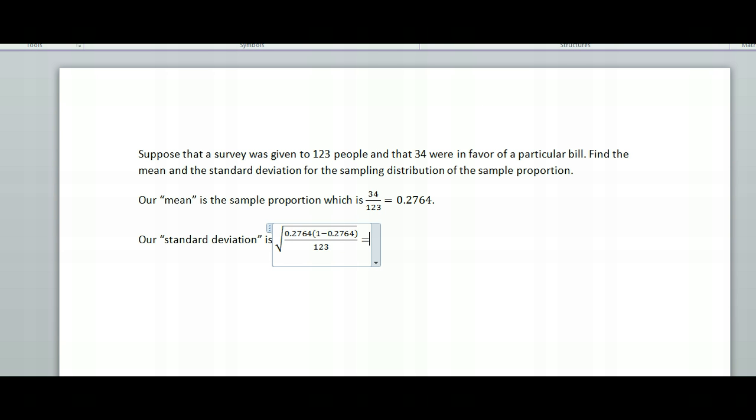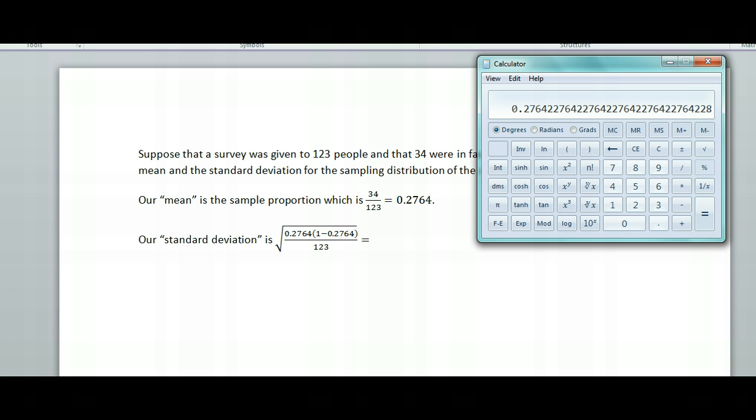Equals, let's bring our calculator up again. Okay, let's see if I can do this monster.